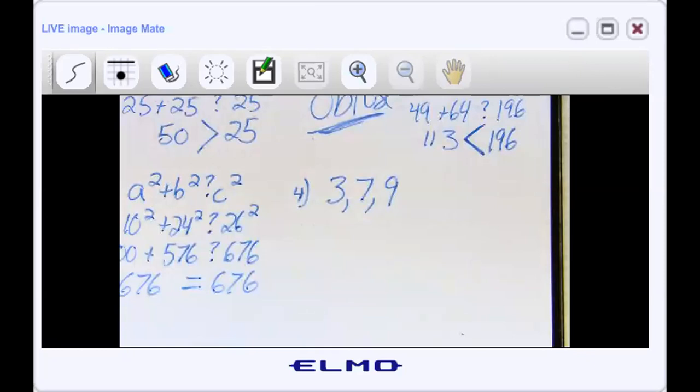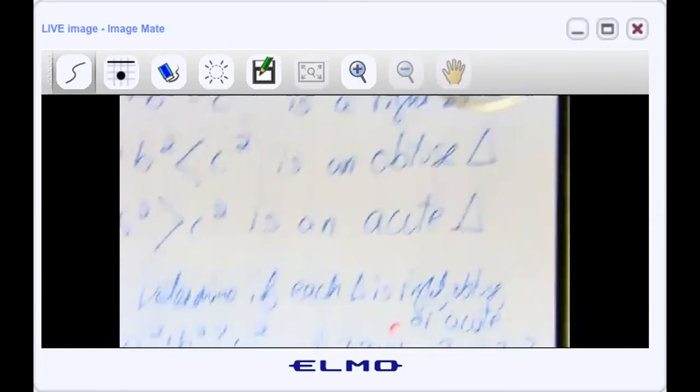Olivia, that's right. Now, what does that mean? Which type do you have? It's only going to be right if they're equal to each other. I think you've got to look back at this.